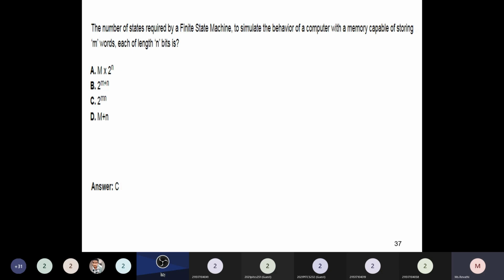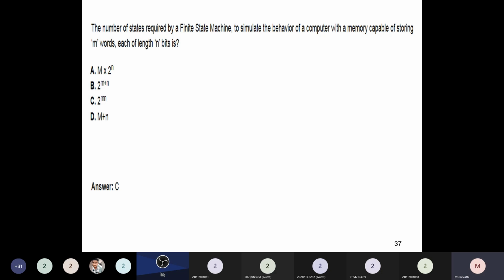Then coming to the next question: the number of states required by the finite state machine to simulate the behavior of the computer with the memory capable of storing m words, where the length of each word is n bits. So we have to decide the total number of states of this finite state machine. If the string consists of n bits alone, we need 2 power n states. That is the general formula for every finite automata.